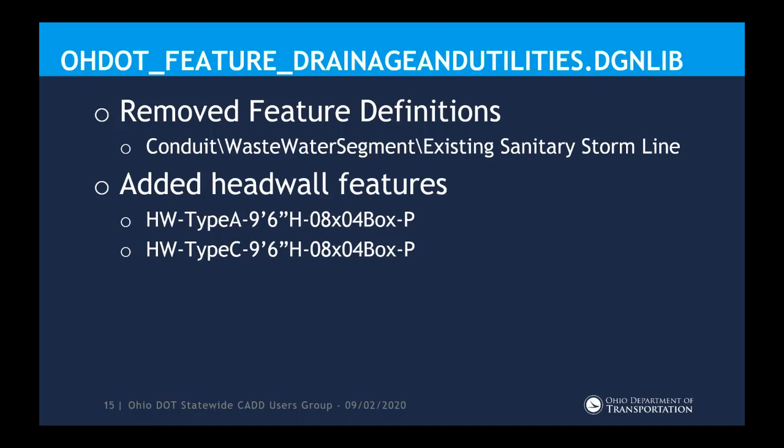Hey, Matt, if I could chime in on this. Sure. All those sanitary storm features that you see added, that was added so that it would work in conjunction when you had a combined system. The way it was before, they were classified as a different network type, so you couldn't connect to your regular storm line features.